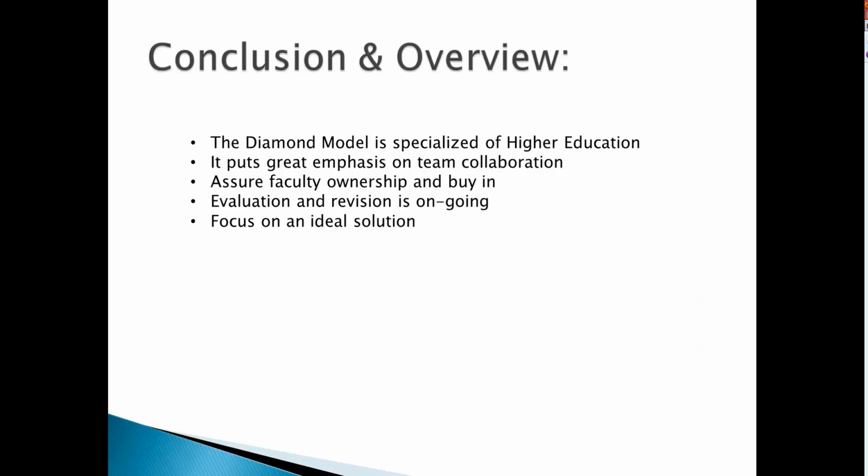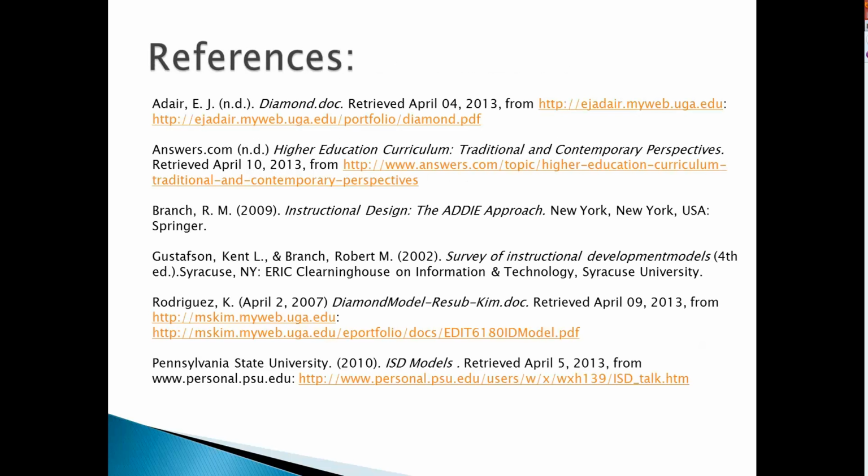That will never end, for the audience will constantly be changing, and we will need to keep up with the latest developments in that industry. And again, it asks for a focus on an ideal solution, thinking outside of the box, thinking creatively to have innovative solutions.